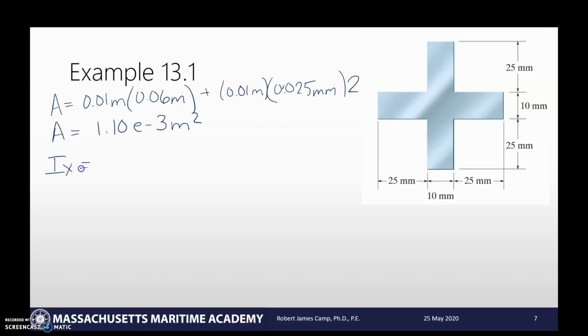In this case, Ix is the same as Iy. As we look at this, we're typically going to end up having to deal with the parallel axis theorem with columns, because a lot of times they're going to be I-beams and whatnot. The positive thing is that with columns, the complex shapes are typically made of rectangles.